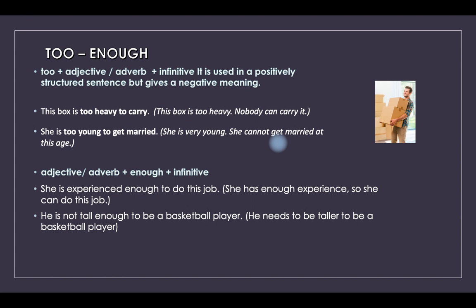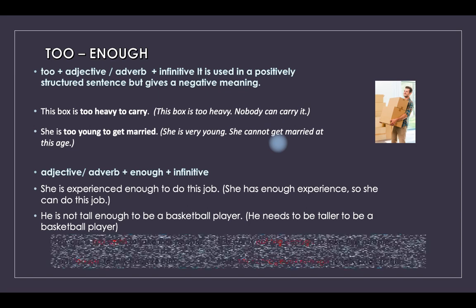It means that he needs to be taller to be a basketball player. Yeah, not tall enough. Yeteri kadar boyu yok. Right? Yeteri kadar uzun değil. This is what we are trying to say. And these expressions, too and enough, are used with infinitives.